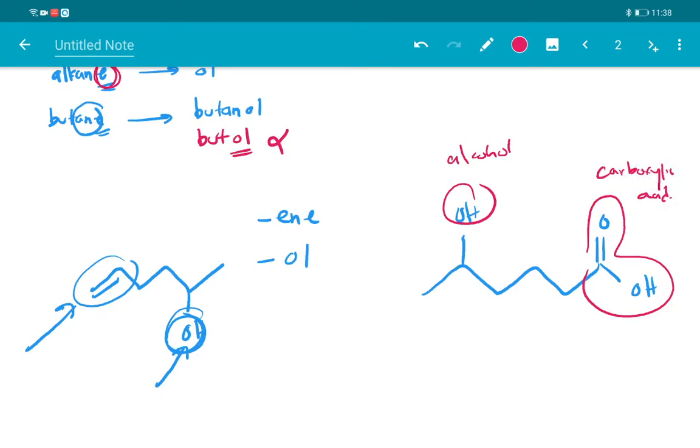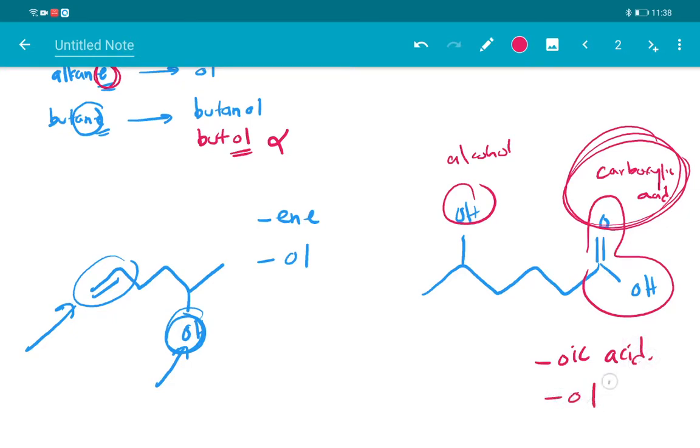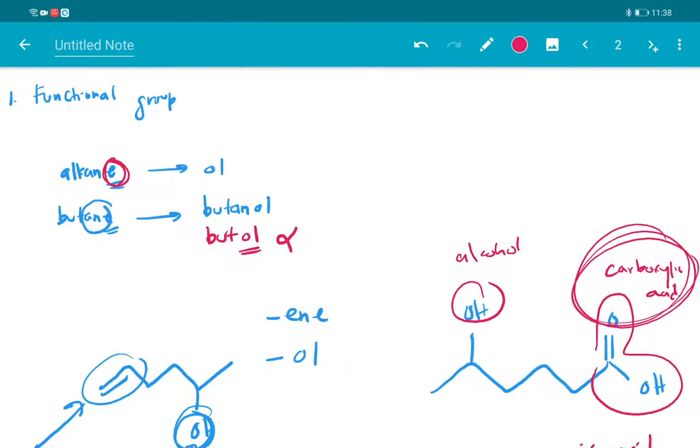If we are comparing alcohol with carboxylic acid, technically carboxylic acid will have the higher priority, which means that if we want to name this compound, the name should end with oic acid instead of OL. Why? Because carboxylic acid has a higher priority compared to alcohol. That's why the first guideline I mentioned earlier is that we first take a look at the functional group.